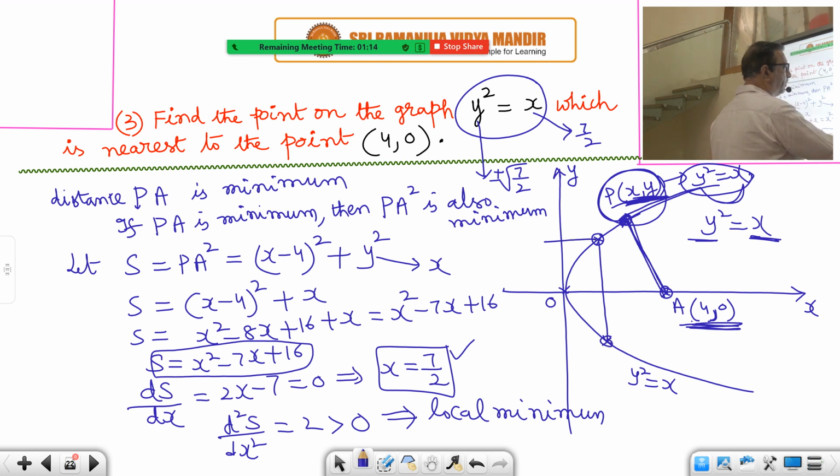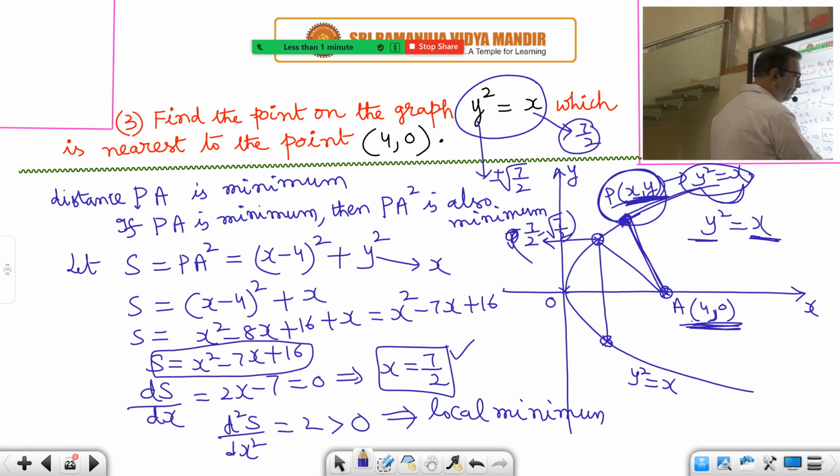What are the coordinates of the point in the first quadrant, the nearest point? Sorry, x value 7 by 2. Okay. x value 7 by 2, y value root 7 by 2. What is the point in the fourth quadrant? 7 by 2 comma minus root 7 by 2.